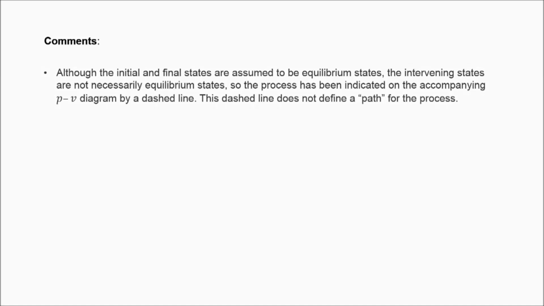In closing, I would like to make a few remarks. Although the initial and final states are assumed to be equilibrium states, the intervening states are not necessarily equilibrium states. So the process has been indicated on the accompanying PV diagram by a dashed line. This dashed line does not define a specific path for the process, just the initial and final states.